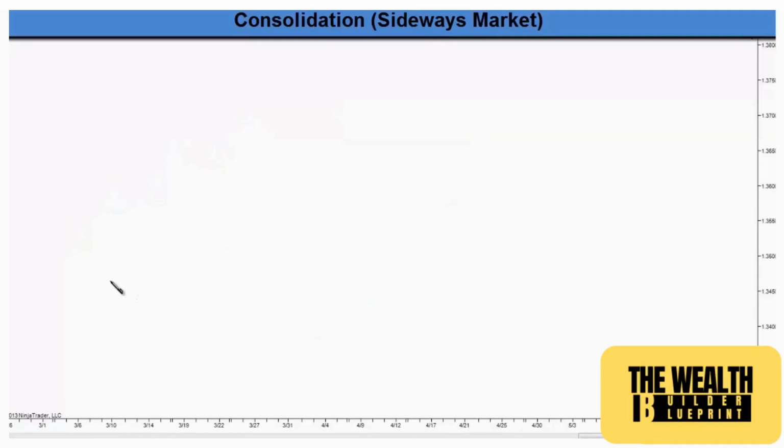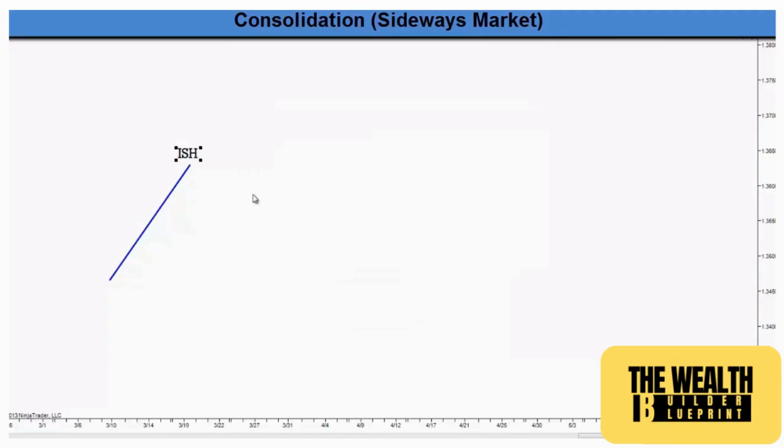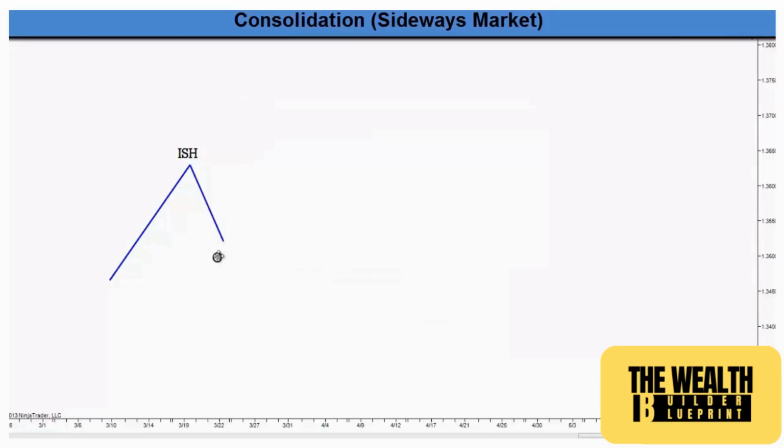We'll have our initial starting point and say create our initial structure high here. So ISH. We'll then get an outside return. We're just going to label this O for outside return. Then, instead of pushing up and creating a new structure high, we'll get price action that comes lower than our previous structure high.